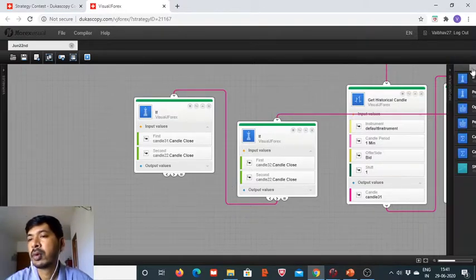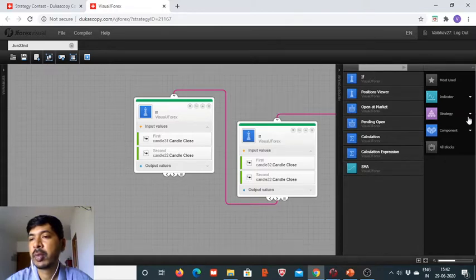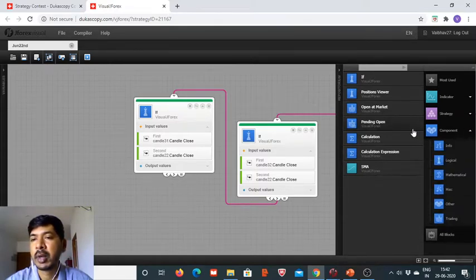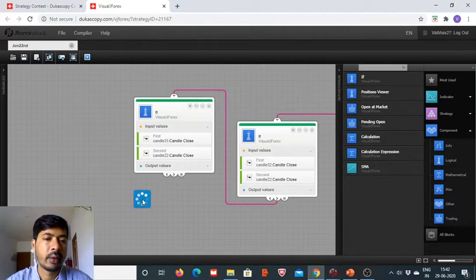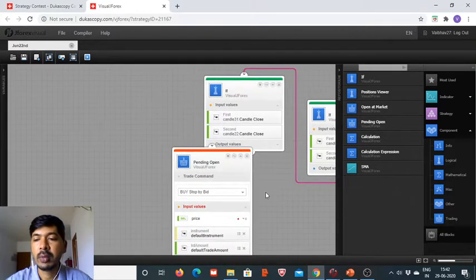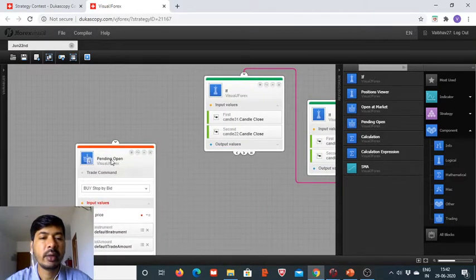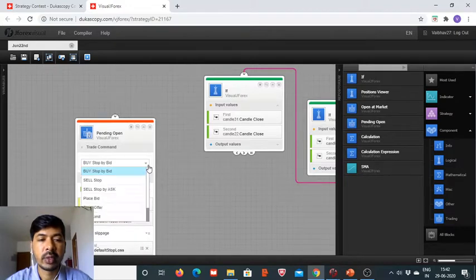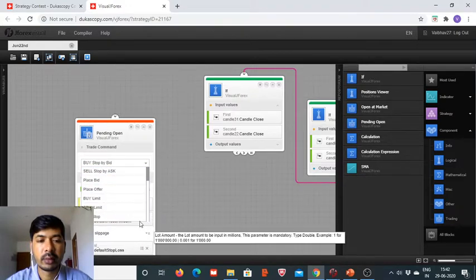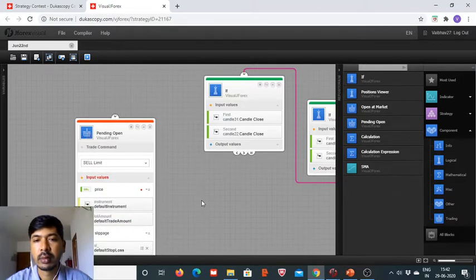Now all that is left is to bring the pending open order and add the variables which we have already defined, and it is going to be a sell limit order. And as I said, it should be below.